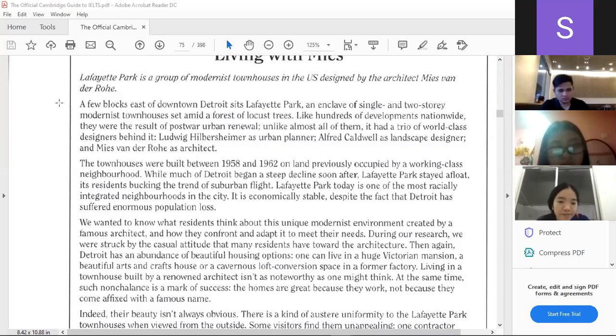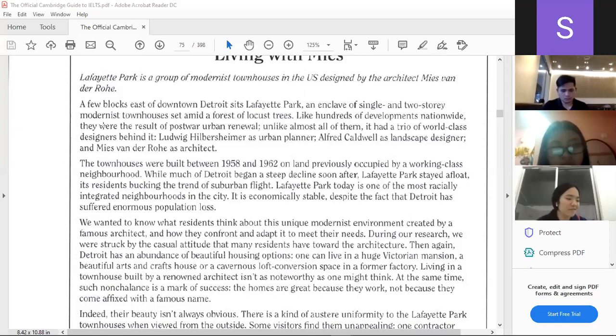A few blocks east of downtown Detroit sits Lafayette Park, an enclave of single and two-story modernist townhouses set amid a forest of locust trees. Like hundreds of developments nationwide, they were the result of post-war urban renewal. Unlike almost all of them, it had a trio of world-class designers behind it. So unlike almost all of them, so the phrase here means is it special or the same?